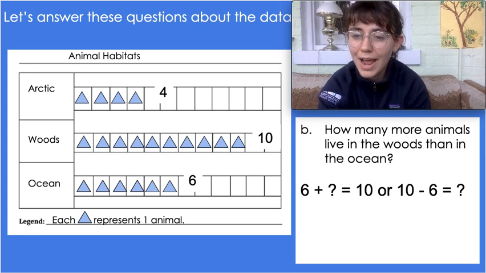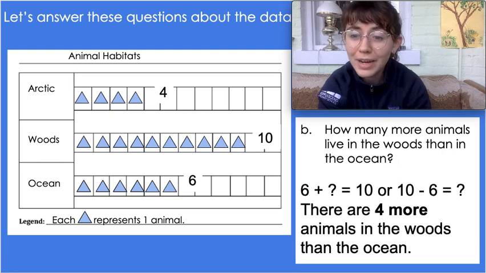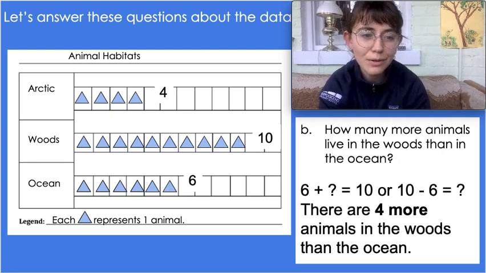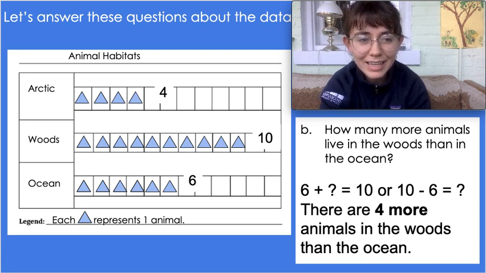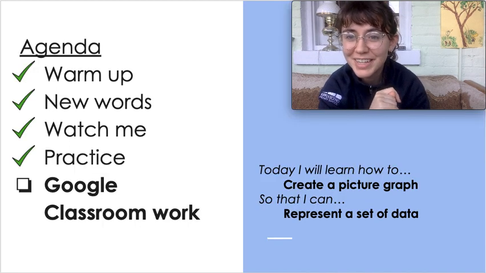You should have found out that there were 4 more animals in the woods than in the ocean. And that is it for our comparison problems.